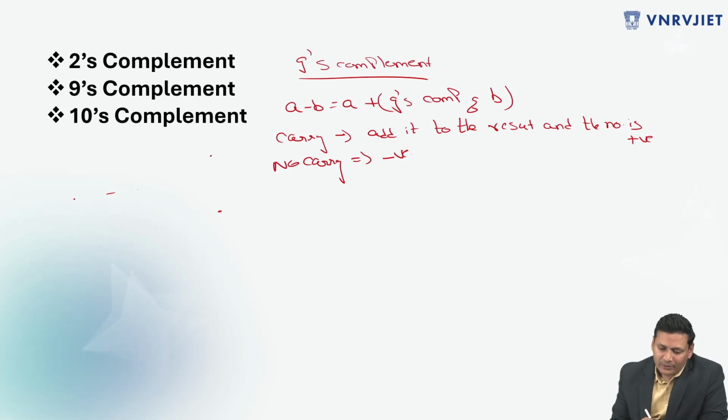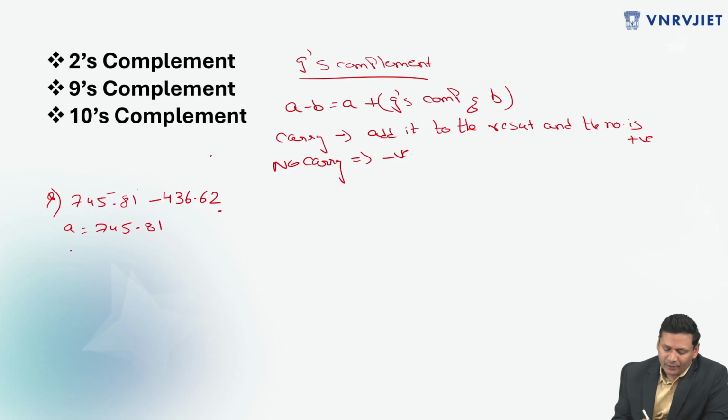Clear? So let us assume the example is 745.81 minus 436.62. What is A in my case? It is 745.81. B in my case is 436.62.